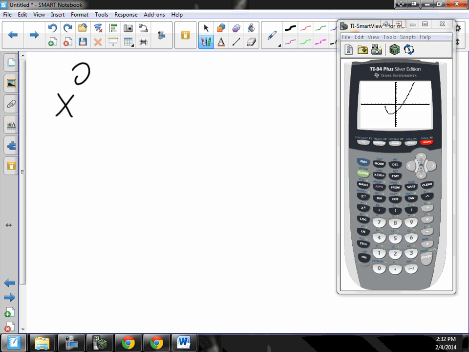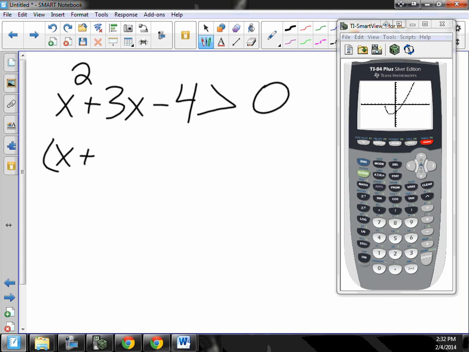So let's say we have x squared plus 3x minus 4 is greater than 0. So I factor this. x plus 4, x minus 1 is greater than 0. What are my roots?